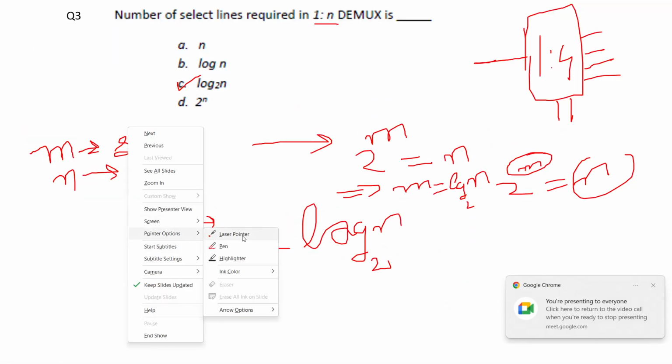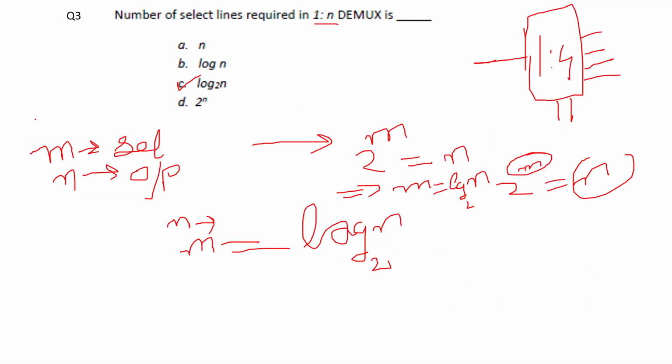We have a demux, which is also termed as a serial to parallel converter. We have one input line here, and we have 4 output lines, Y0, Y1, Y2, Y3, and 2 select lines, S1 and S0.